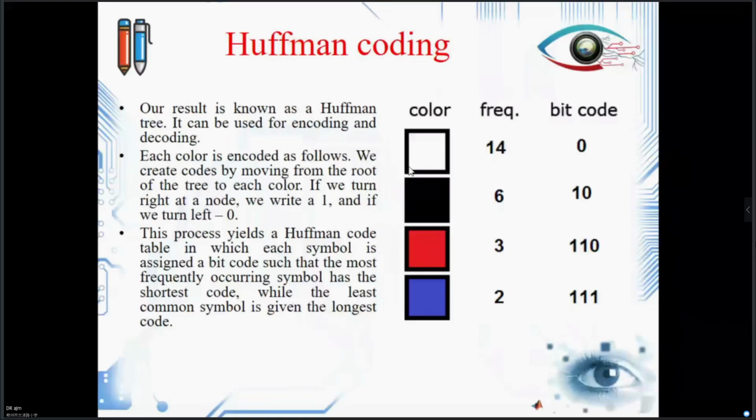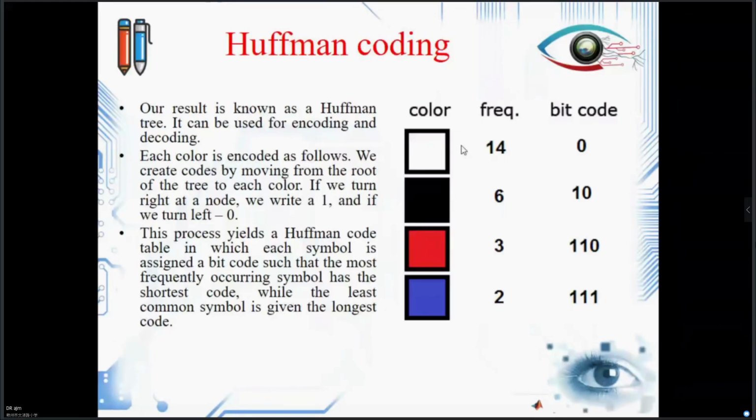The result shows that we have the white color with the frequency of 14, black for 6, red for 3, and blue for 2. Then this can be in bit codes, something like this, that can be used for encoding and decoding. Each color is encoded as follows. We create the codes by moving from the root of the tree to each color.